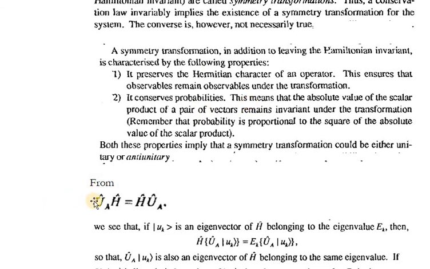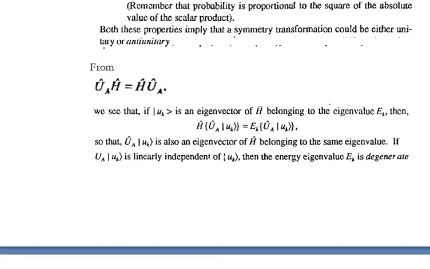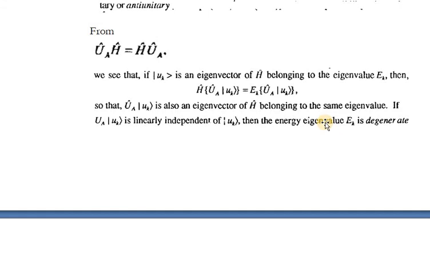Both these properties imply that the symmetry transformation could be either unitary or anti-unitary. So we know that U H equal to H U. We see that if ket psi_k is an eigenvector of H belonging to the eigenvalue E_k, then H psi_k equal to E_k psi_k.